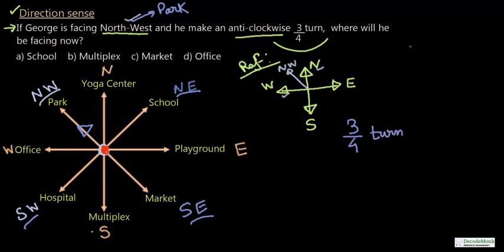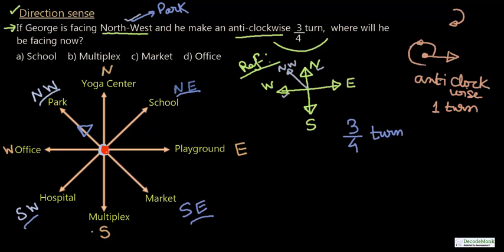My dear little friends, here I want to tell you one thing, that if one person is facing, suppose, towards east, and I say that person is making anti-clockwise one turn, then anti-clockwise means just opposite to the direction your clock rotates, and one turn means one complete turn.